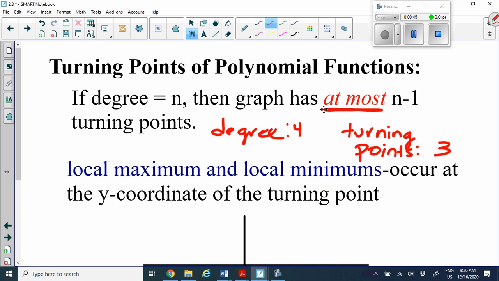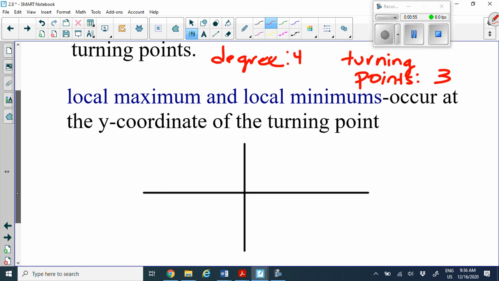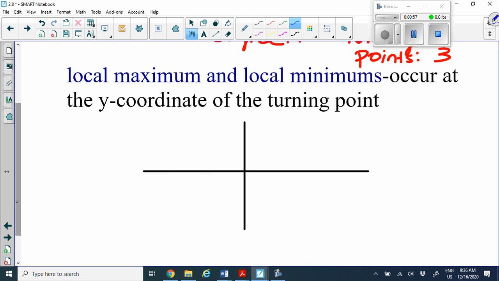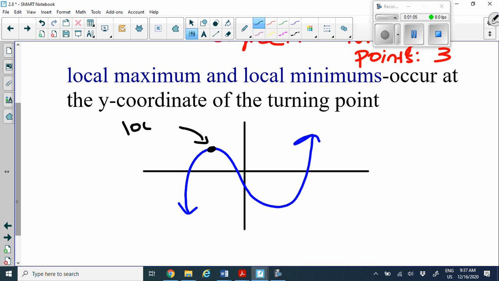Now let's talk about what a turning point is. Well, that's going to be your local maximums and local minimums. So let's say we have just this little graph here. Here, as we can tell, that would be our local max. And then here would be called a local min.